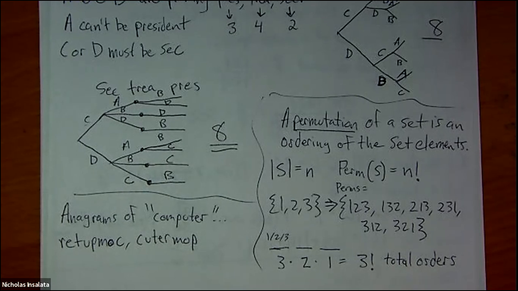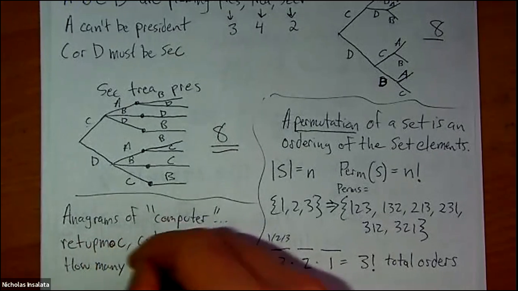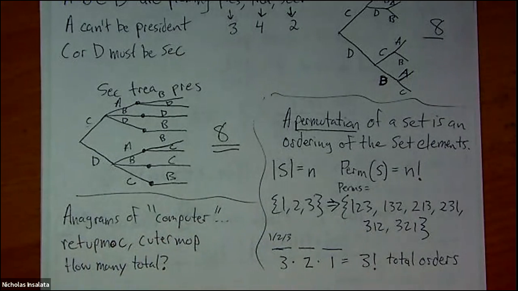How many anagrams of computer would there be total? Yeah, good, 8 factorial.